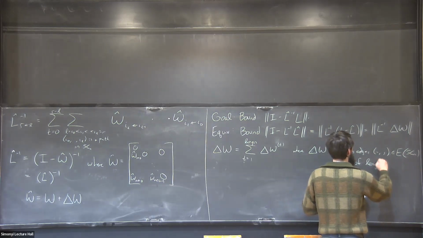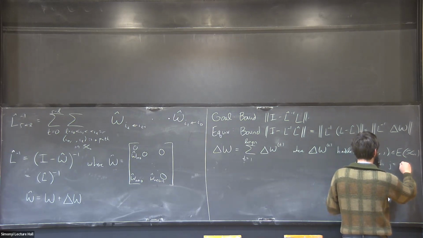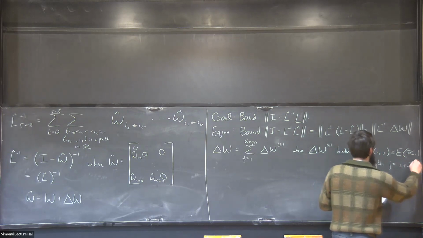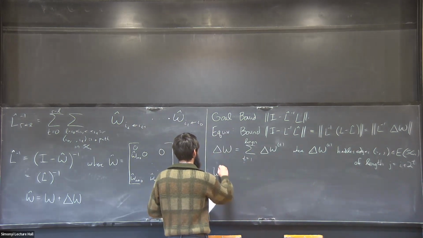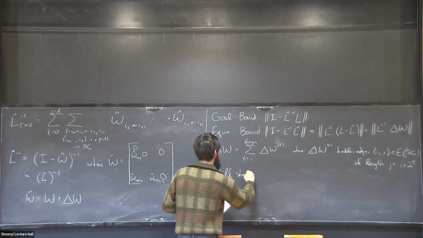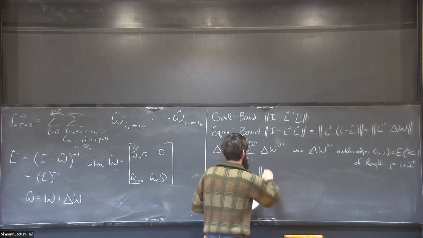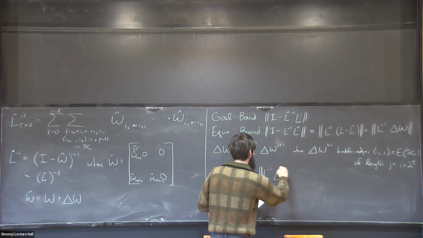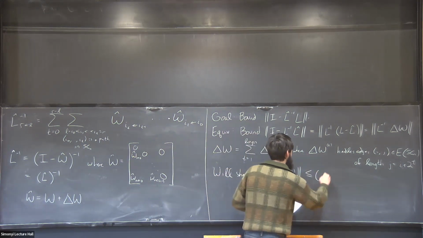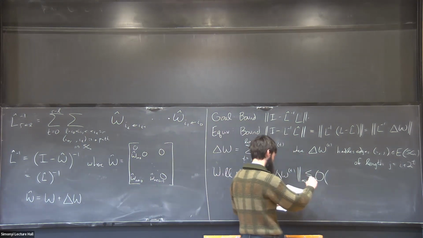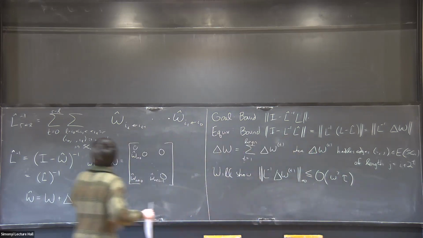We're going to show that L inverse times delta W t, one of these individually, has infinity norm still like W cubed times tau.